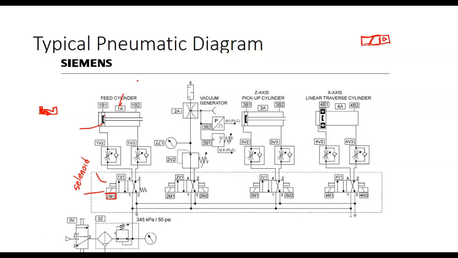But what you've got to imagine in your head is these valves actually shifting, right? Okay. Then actuator number 4, that's a rodless cylinder. Notice it does not have a rod. It's got a magnet on it, and it's using a 4-way two-position valve, solenoid operated with manual override.